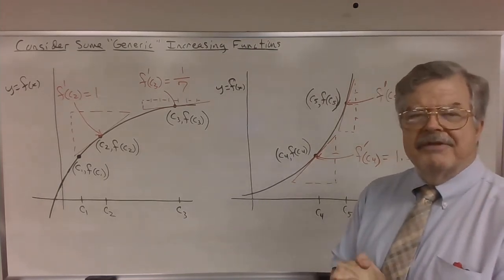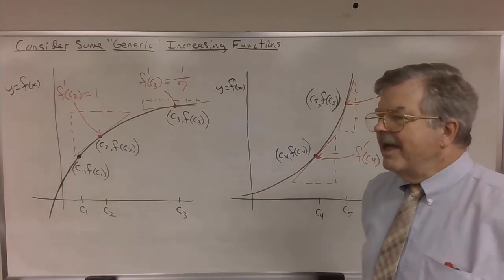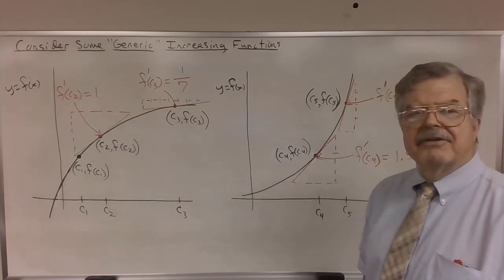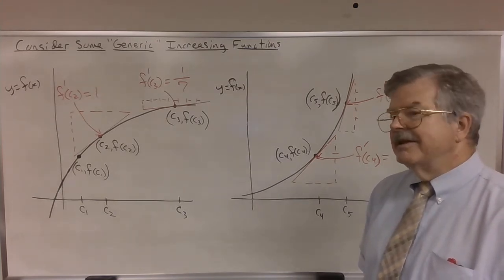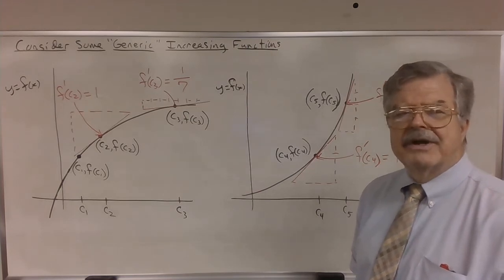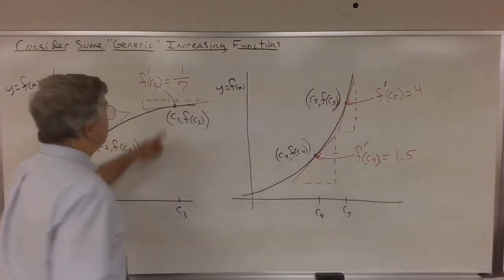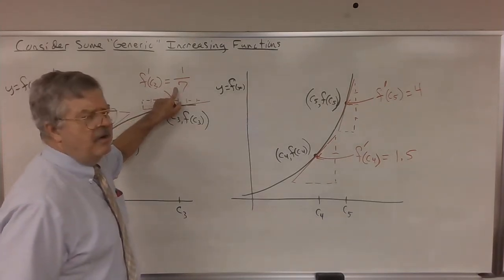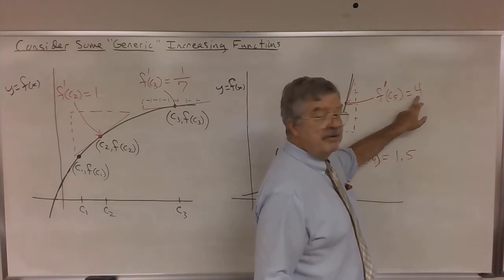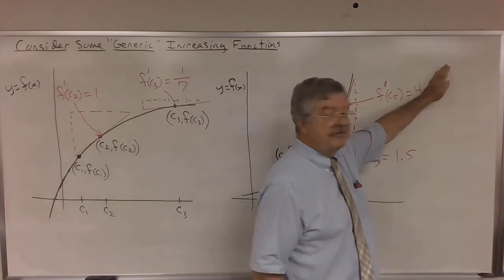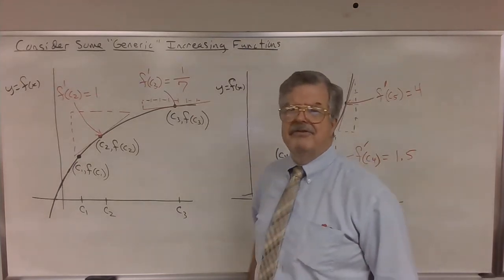All of these derivatives numerically have something in common. And it may not be obvious because it just may not be that shocking what they have in common. The value of this derivative is rather small, 1/7. The value of this derivative, pretty big, 4. 4 is a pretty steep slope. And 1/7, not very steep at all.